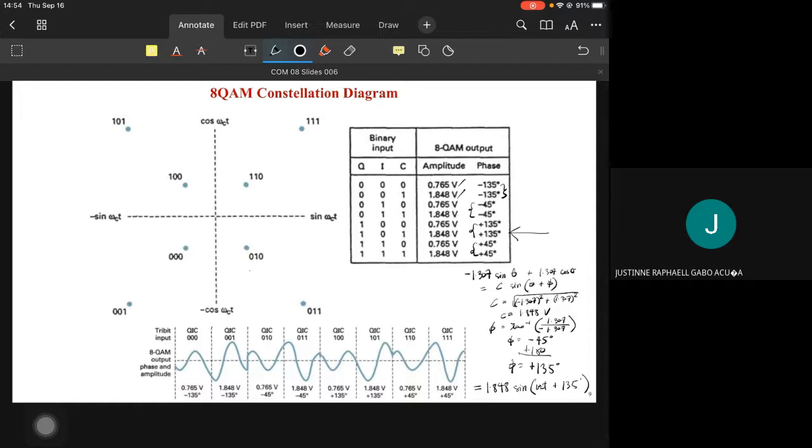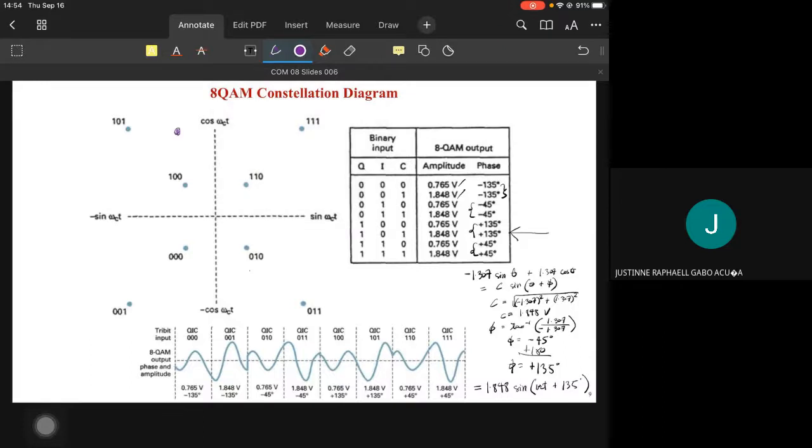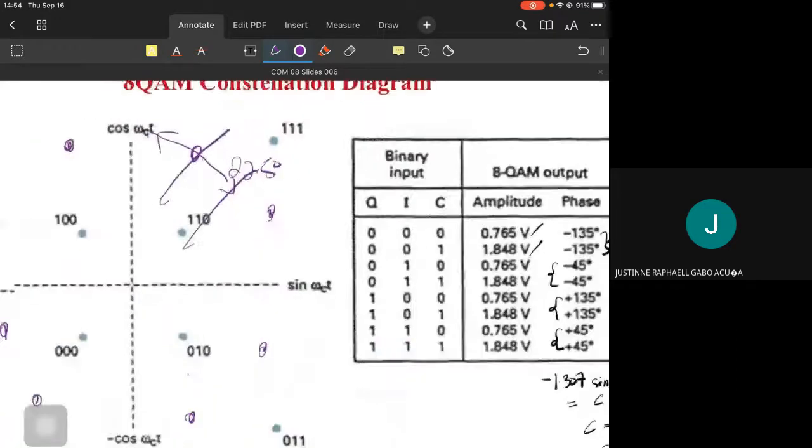Ang 8 PSK is naa to sa dire, di ba? 1, 2, 3, 4, 5, 6, 7, 8. Then 22.5 degrees ang iyang distance gikan sa usa sa pikas.